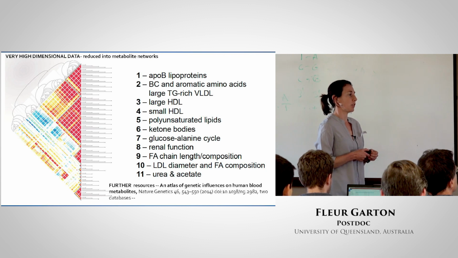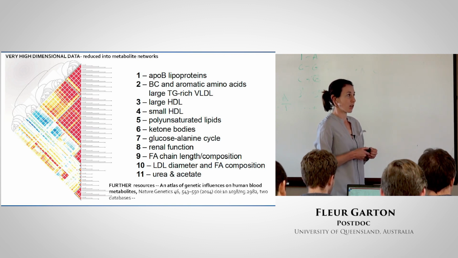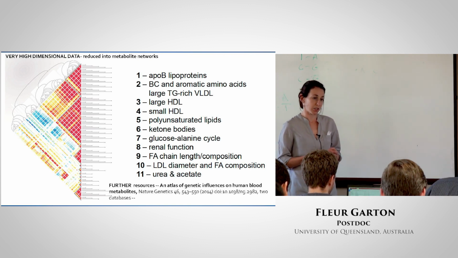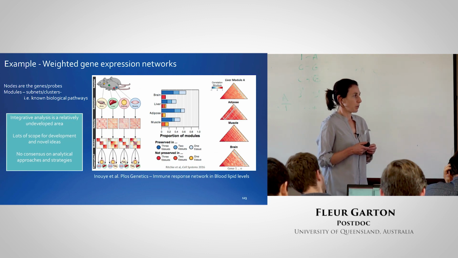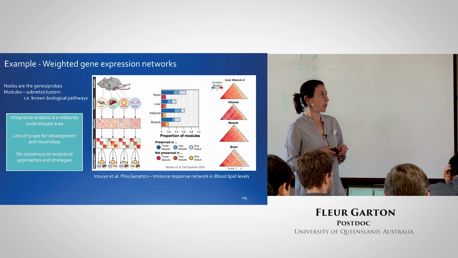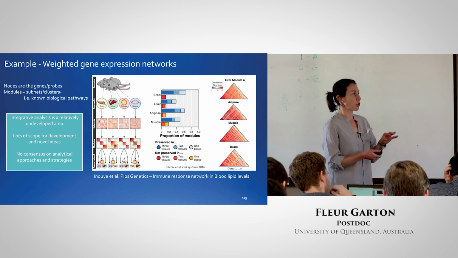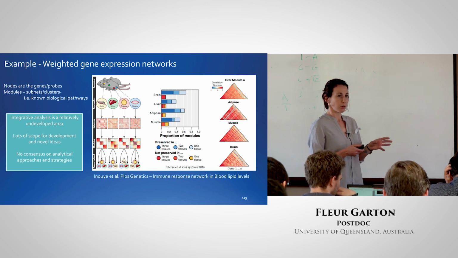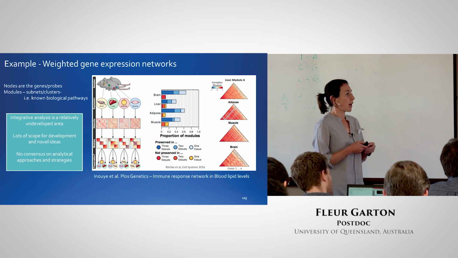He had fasting whole blood, and then they had matched genome, transcriptome, metabolome information on these individuals, and even though it was only about 600, they actually found some quite interesting data based on this data set. He demonstrates a way to deal with this very high dimensional data, reducing it into metabolite networks, which is a way to deal with this high dimensionality.